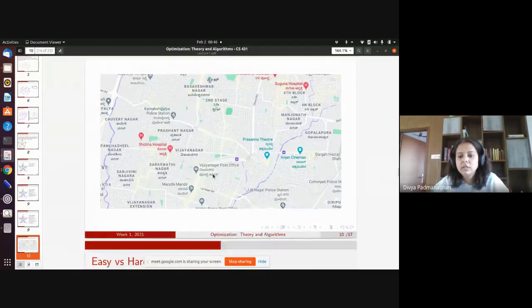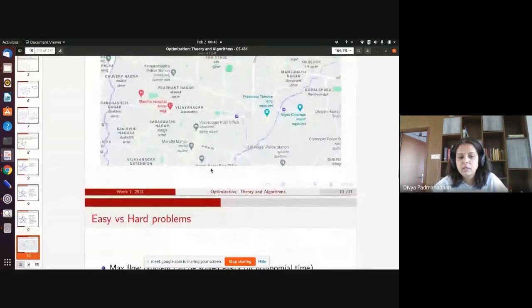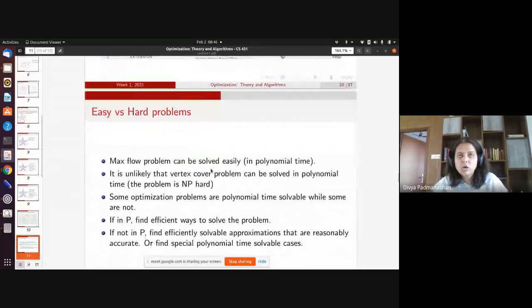So this is to give you a flavor of these easy and hard problems. The first problem that you saw about sending oil from one point to the other, that's the max flow problem. And it turns out that has a polynomial time solution. You can solve it easily. But this other thing about constructing a safe network, the vertex cover problem, that is NP hard, and it's unlikely that you can solve it in polynomial time.